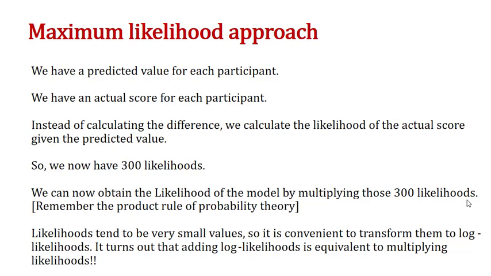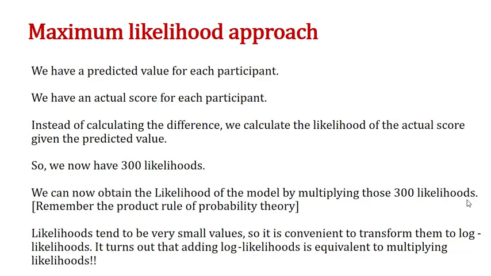In the product rule, the probability of two events is the product of the probability of each of those events. So what's the probability of obtaining two scores? Well, it's the probability of obtaining one score times the probability of obtaining the other score.